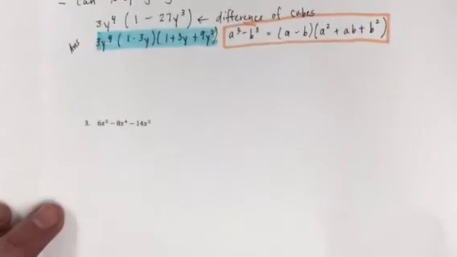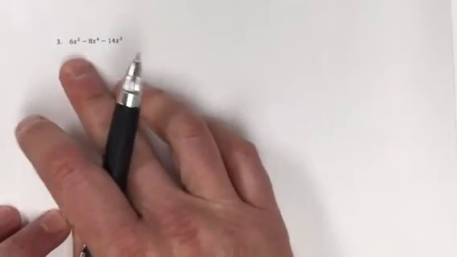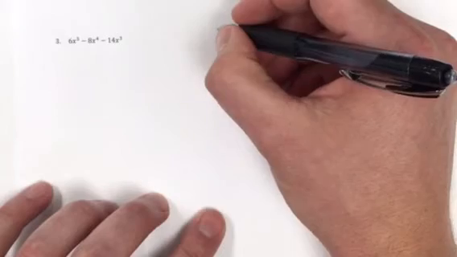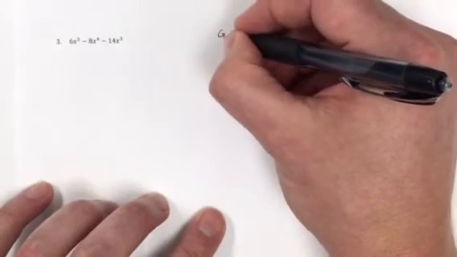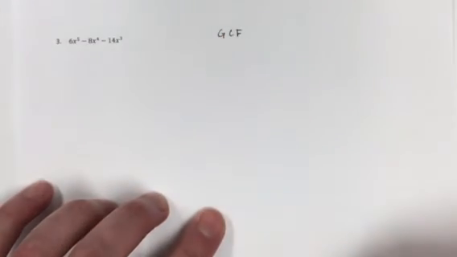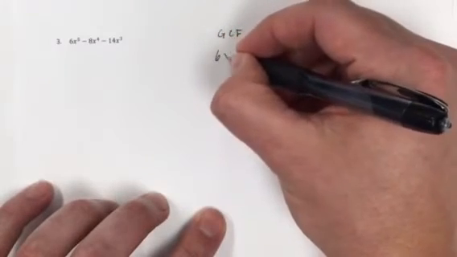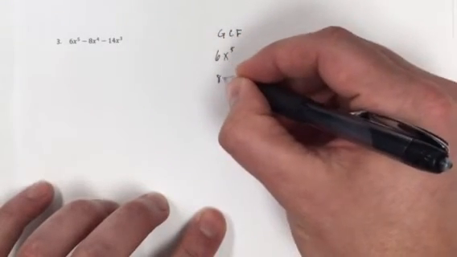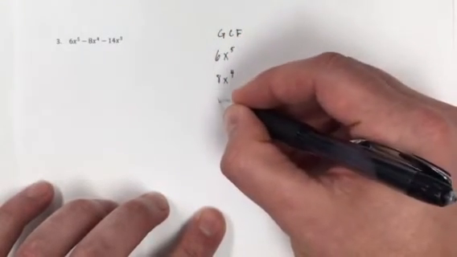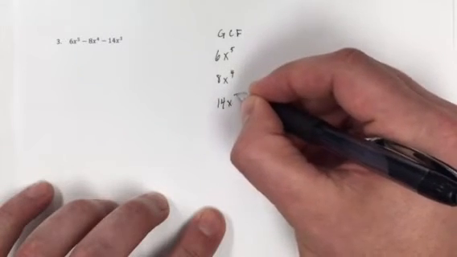Our last problem has a mixture of exponents, but only one variable, and coefficients. So it's the first trinomial that we've worked with, but still we need our space for our work, GCF. I have 6x to the 5th, I have 8x to the 4th, I have 14x to the 3rd.